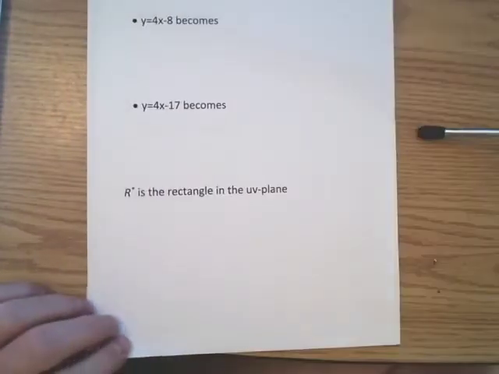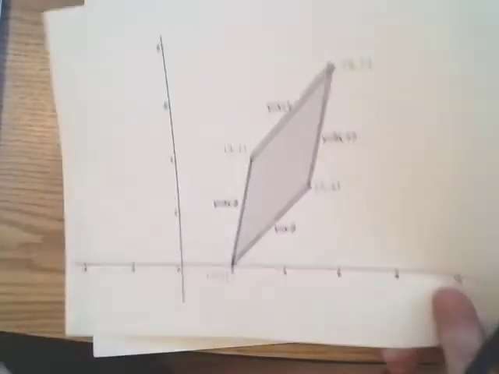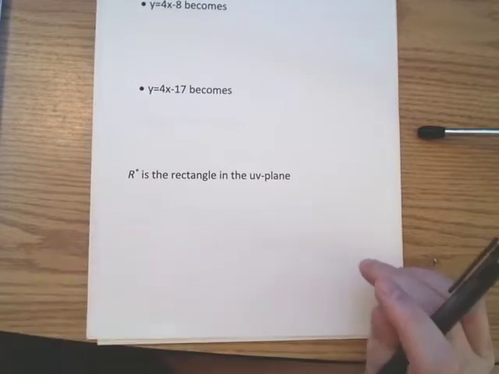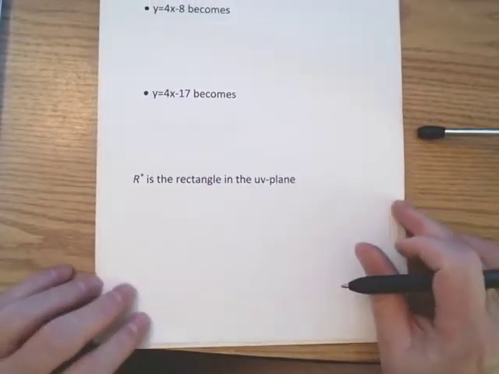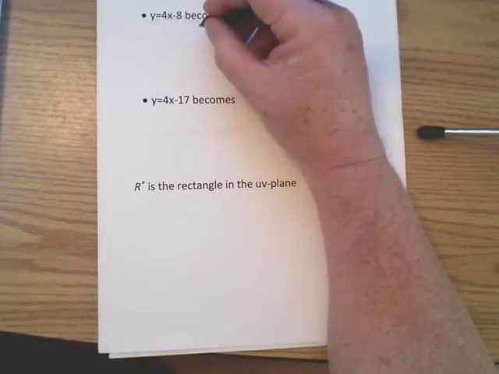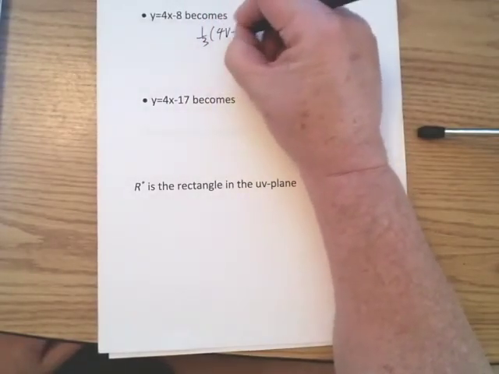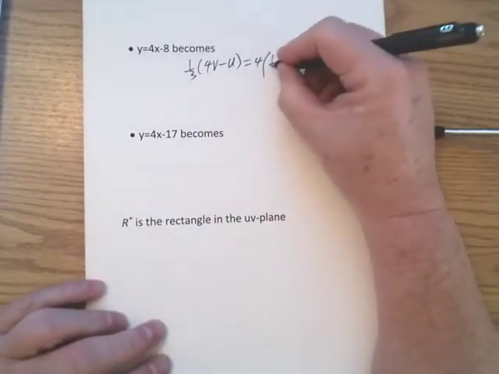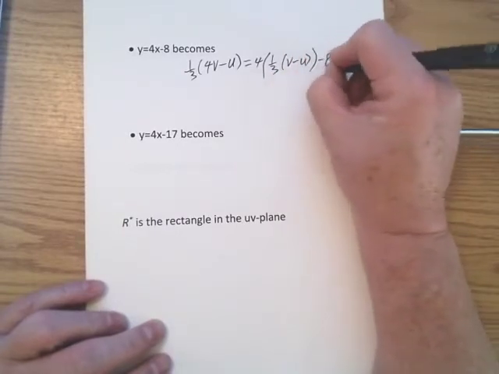Okay, let's look at the other sides. Let's go with y equals 4x minus 8. That would mean 1/3 (4v minus u) equals 4 times 1/3 (v minus u) minus 8.